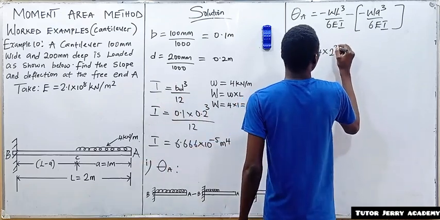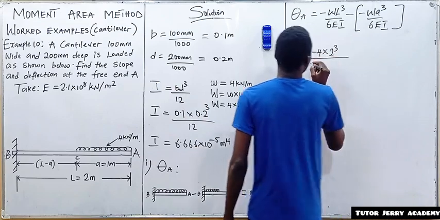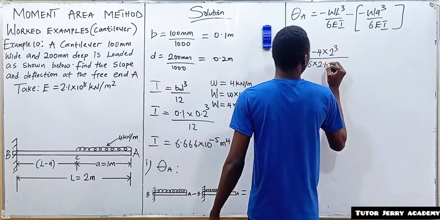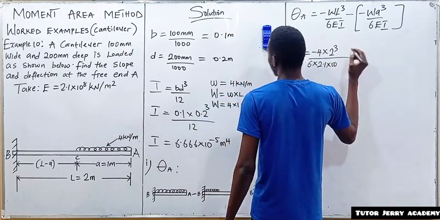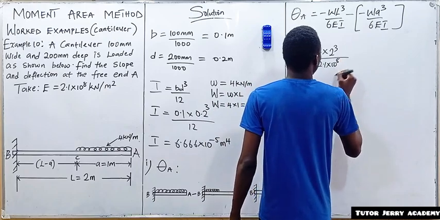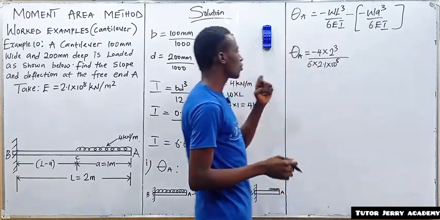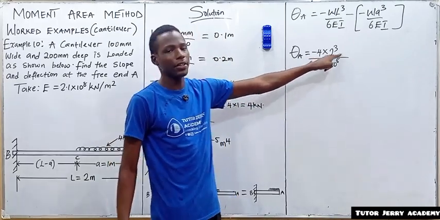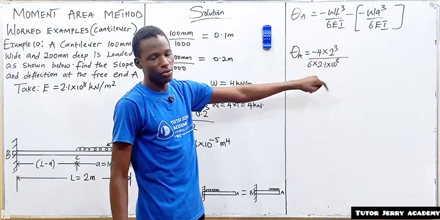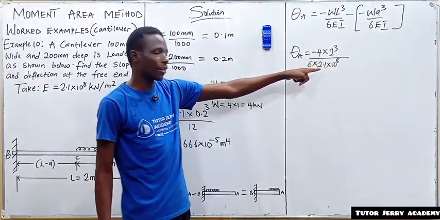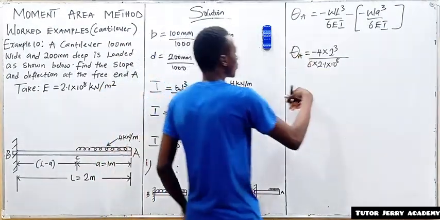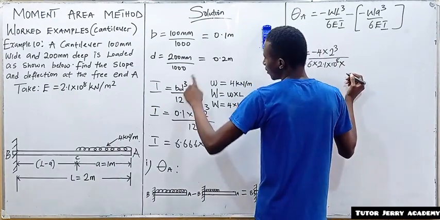We have 2 to the power of 3 all over 6 multiplied by E. Our E is 2.1 times 10 to the power of 8. We can decide to multiply by 10 to the power of 3 here for kilonewton, and also multiply by 10 to the power of 3 here. They are going to cancel out, so no need to add kilonewton to 4, and no need to add kilonewton to your modulus of elasticity. So this is multiplied by I directly.